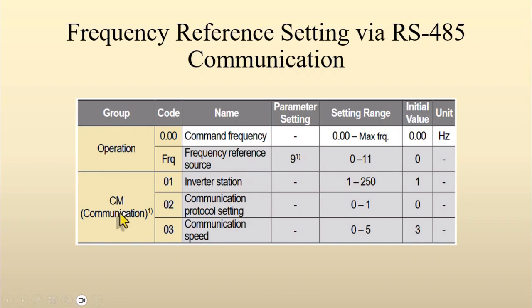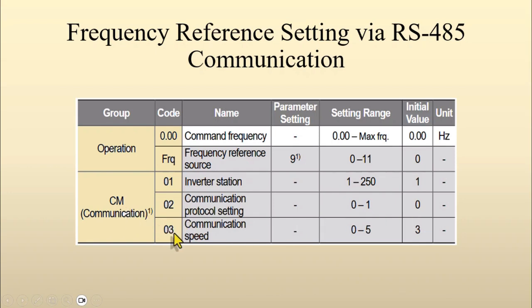That is in the CM group or communication group, which is related to the network. In CM01, we need to enter the ID of this inverter or the station ID. In parameter number 2 of the CM group, we need to select our protocol. We want to accomplish this via the MODBUS-RTU protocol, and we need to set the parameter CM2 to a value of 0.